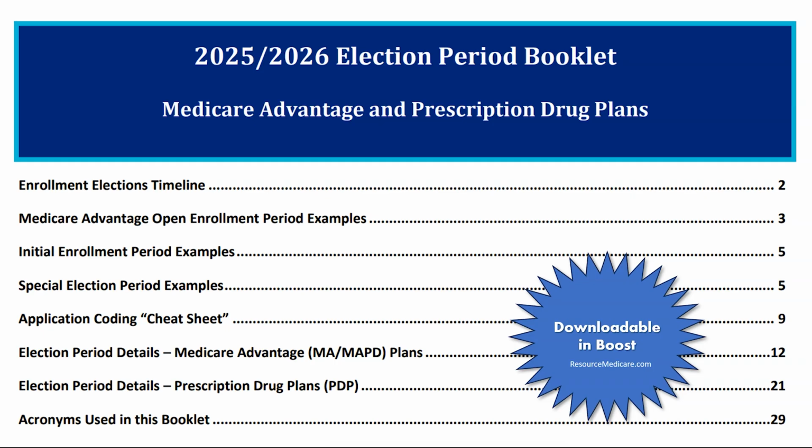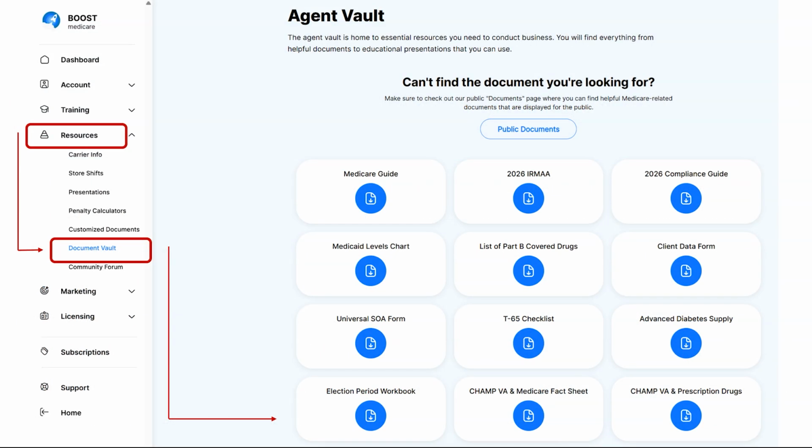But for today's training, we're going to go by the United Healthcare book because I think they do a really good job. If you want to know where you can download this, it's resourcemedicare.com, and then you're going to log into Boost. And then over here on the left side of your screen, you're going to see a resources tab, and nested underneath there is a document vault. And within the document vault is the election period workbook, and you can download this, okay?